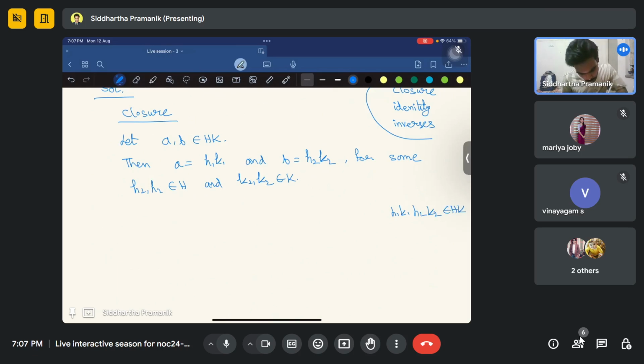So it will also be of the form some H prime times K prime. So we need to prove that only.